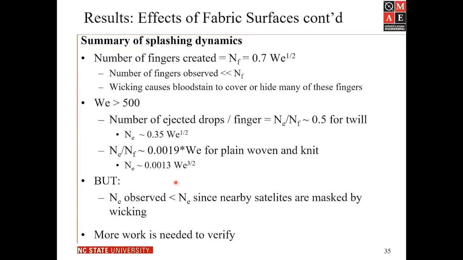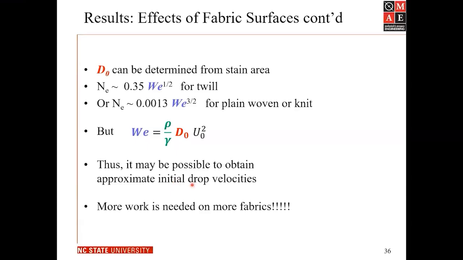So combining this, we can get the D0 value, the drop diameter, from the total stain area. From the number of ejected drops, we can get the Weber number, either for our twill or for our plain woven or knit. And we know the Weber number, by definition, involves the density of the blood divided by the blood surface tension. So we know those.